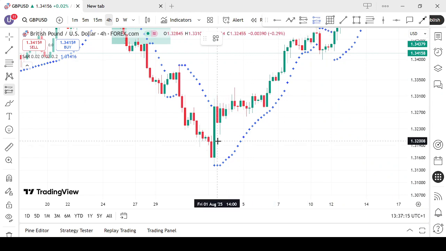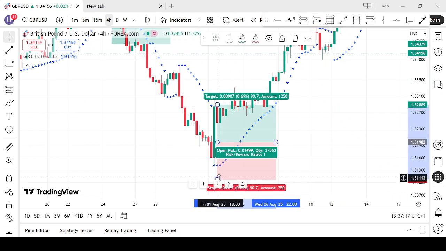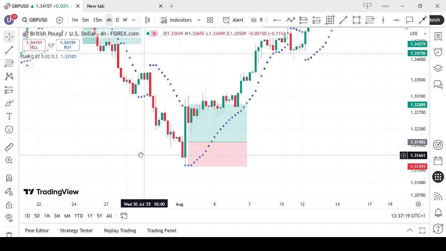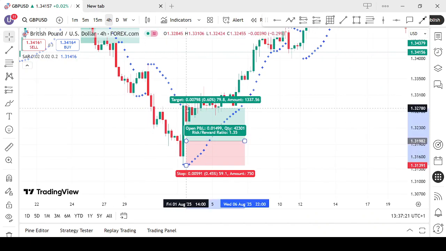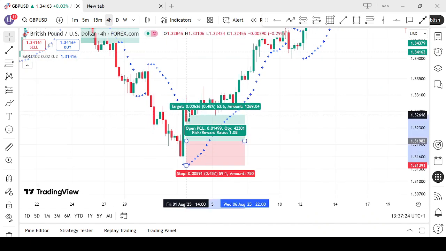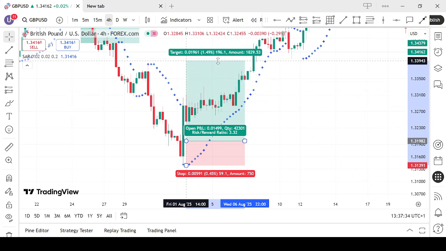If you are to take a trade and you want to take profit, you can always measure a 1:1 risk to reward ratio, then you can allow the rest to run. You can also take from 1:2 and allow the final to run till the parabolic SAR reverses. These are the ways you can take out your profit.